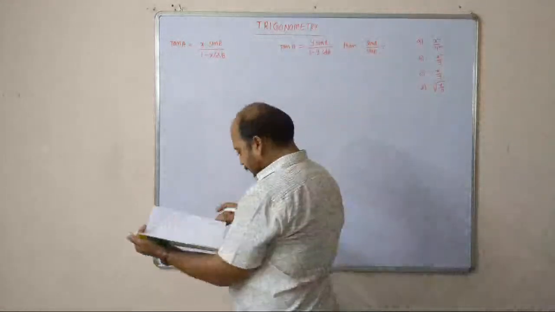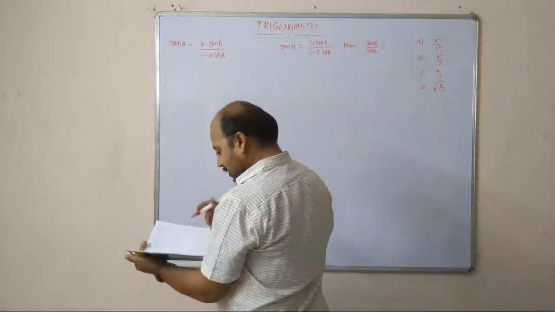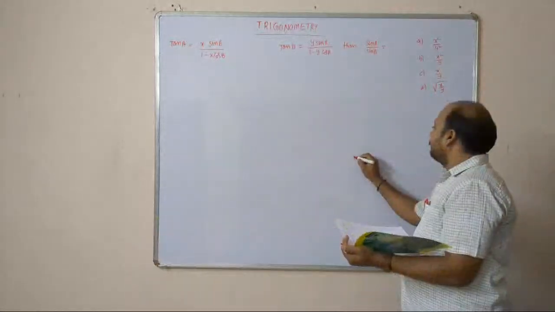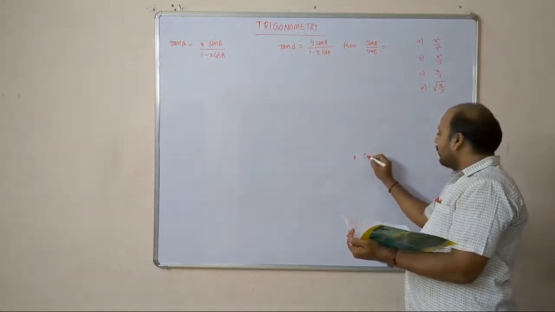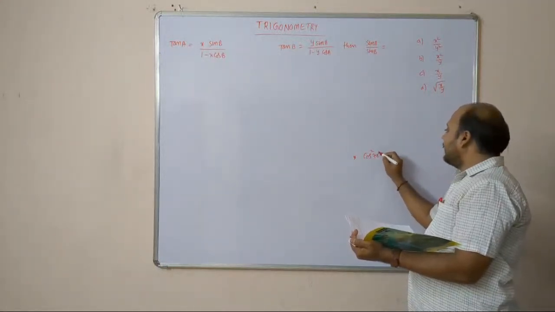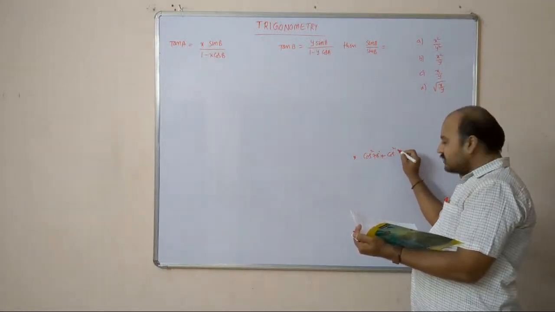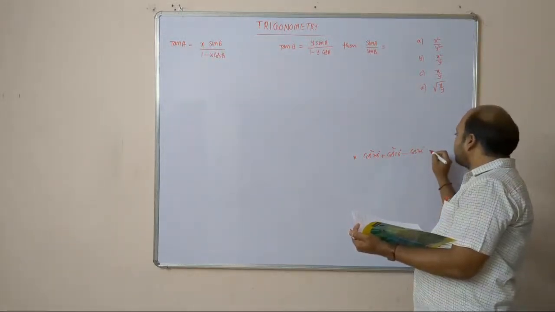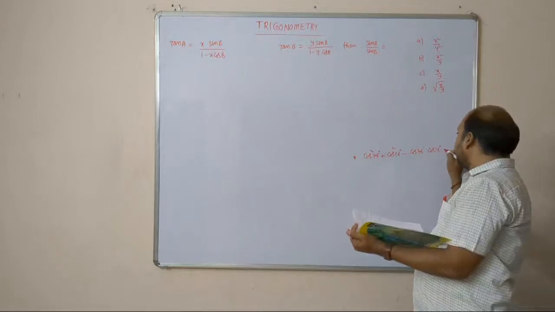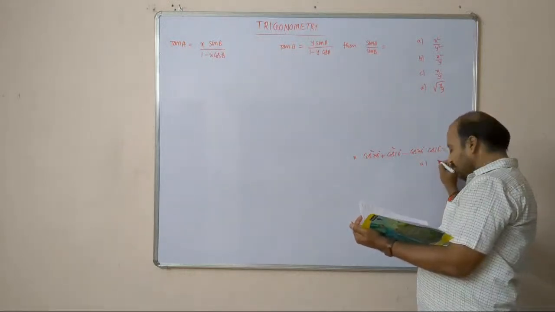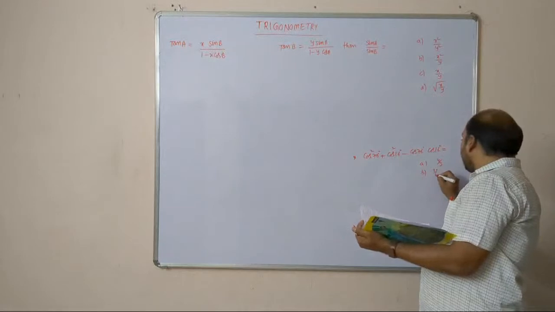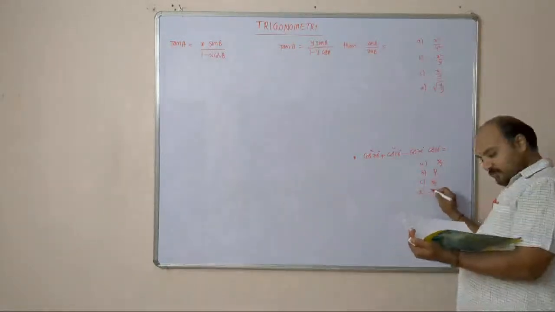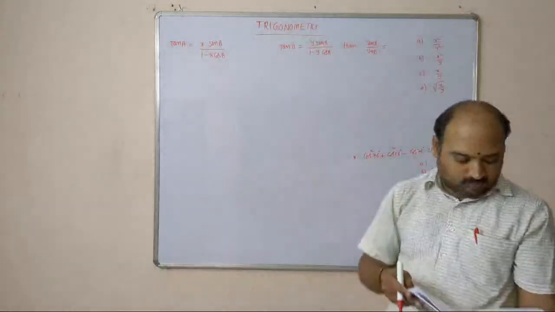Another one also, just previously I wrote, that also I will discuss here. Next question is cos square 76 degrees plus cos square 16 degrees minus cos 76 into cos 16 degrees is equal to 4 by 3, 3 by 4, next 2 by 3 and 3 by 2.